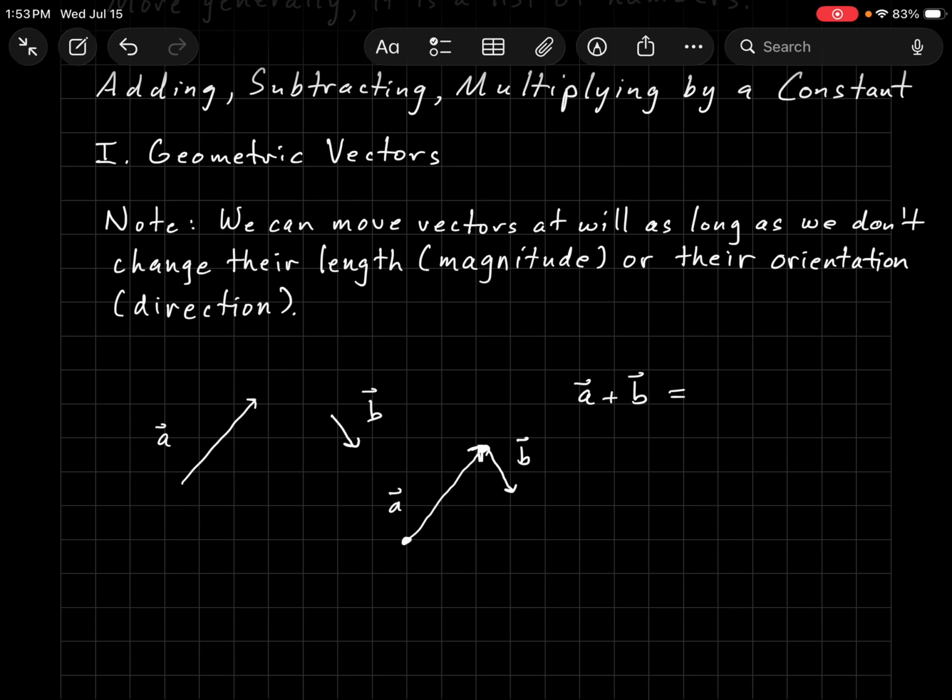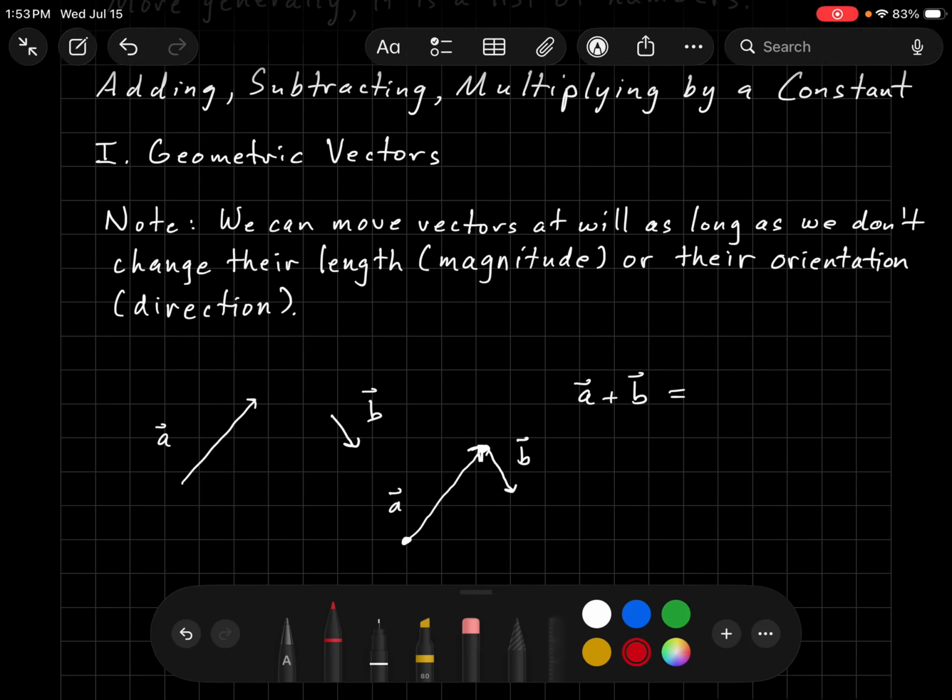And then the vector A plus B is the vector that goes from the starting point of A to the end point of B, but takes a shortcut across. And let me put that in a different color for us, just like this. That would be the vector A plus B.